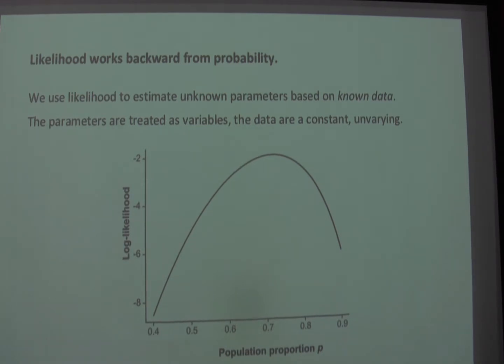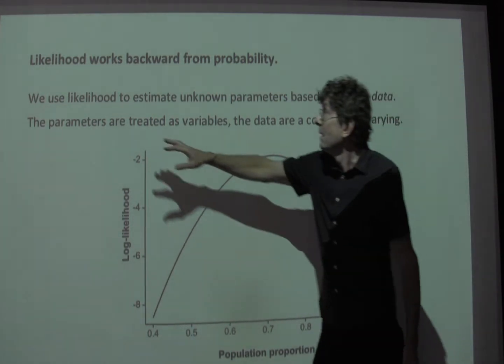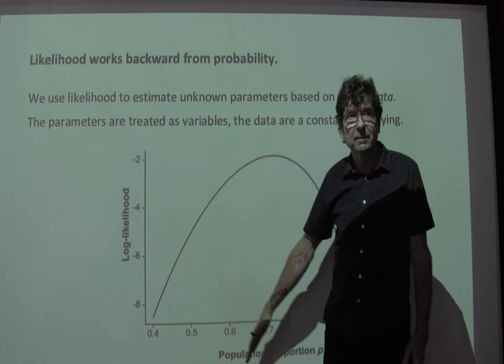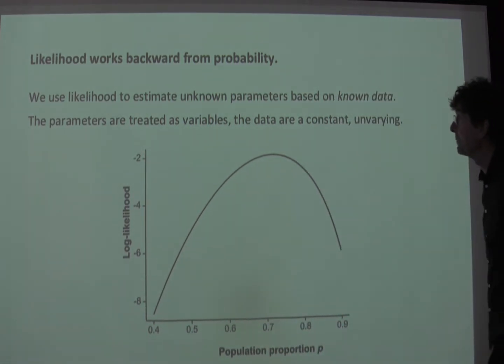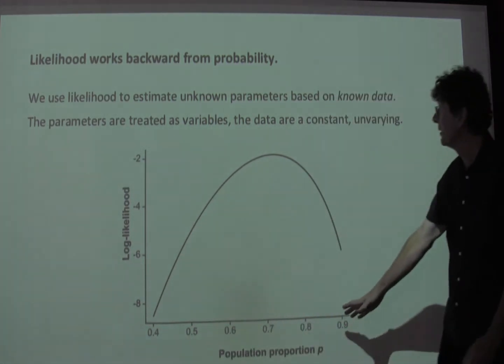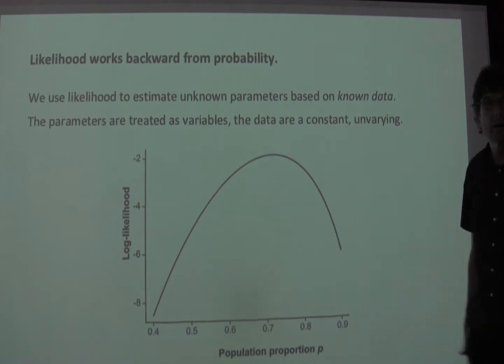So just to reiterate, what we've done is that we use likelihood to estimate an unknown parameter using known data. So the parameter of interest is treated as though it's a variable, and we vary it from one end to the other. And the data are a constant.